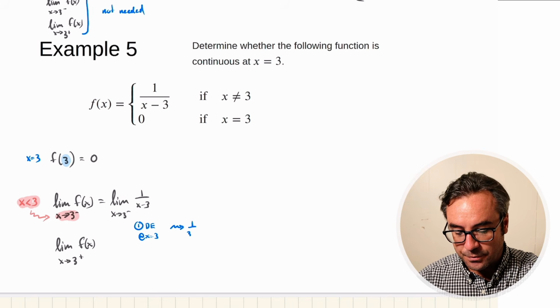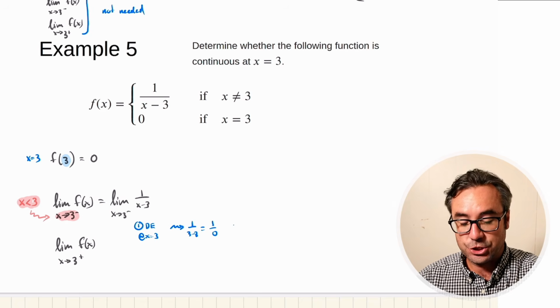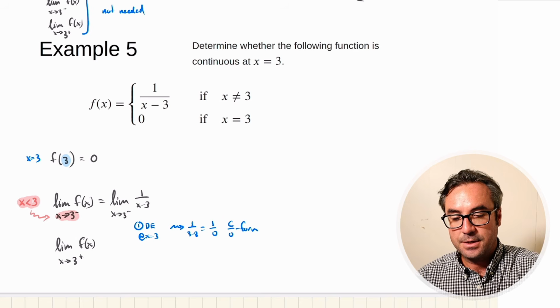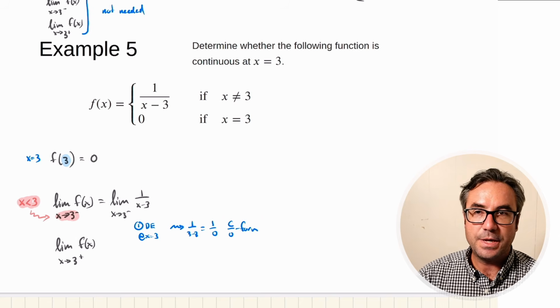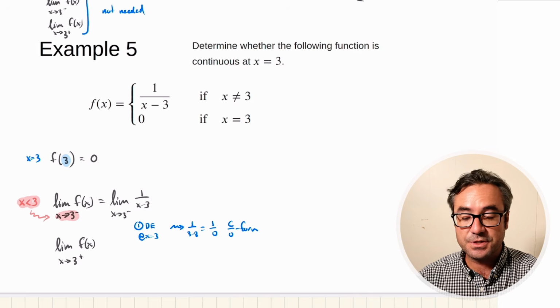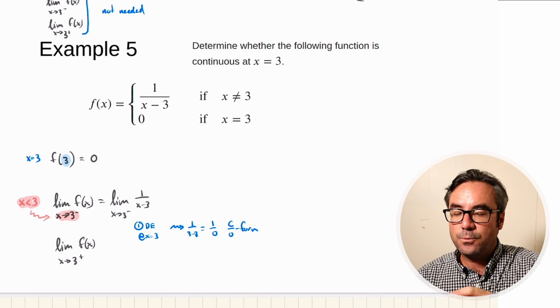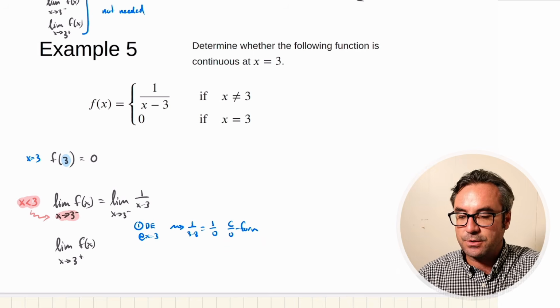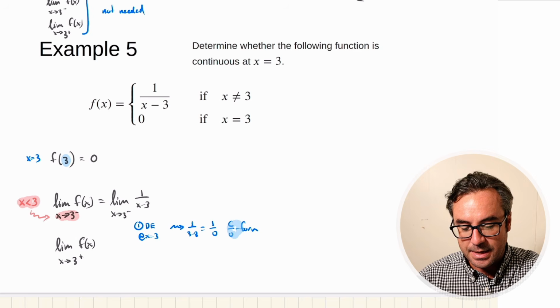Well, we get 1 over 3 minus 3, which is 1 over 0, which is a c over 0 form. So that's the first thing. We identify that this is a c over 0 form. So now we kind of know what to expect. We want to recognize, what does a c over 0 form actually tell us?